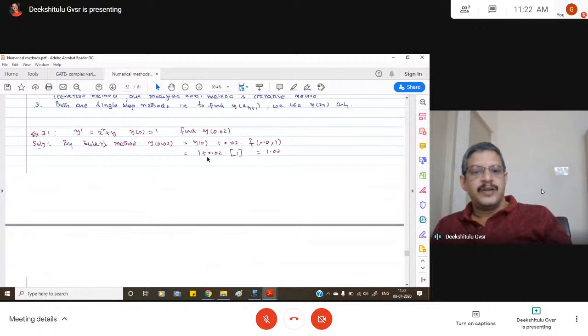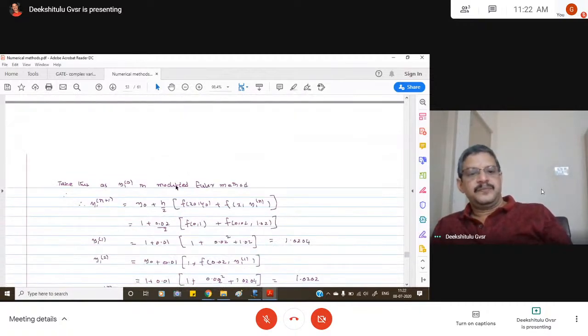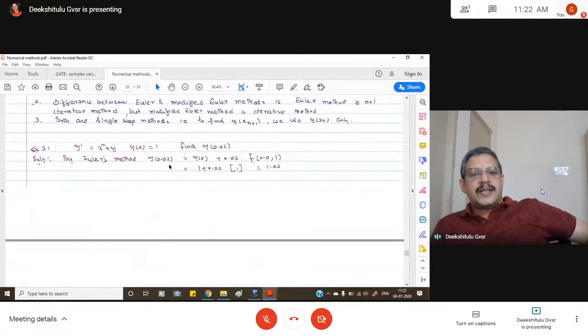So y0 is 1, plus 0.02 into f(x0, y0). x0 is 0, y0 is 1, so 0² + 1. Take this as y1^(0) for the modified Euler's method.